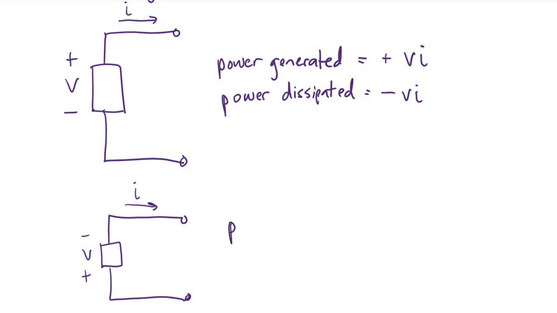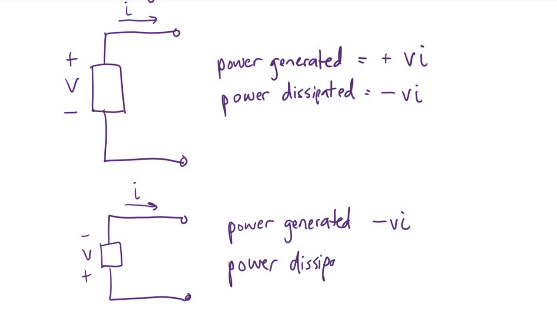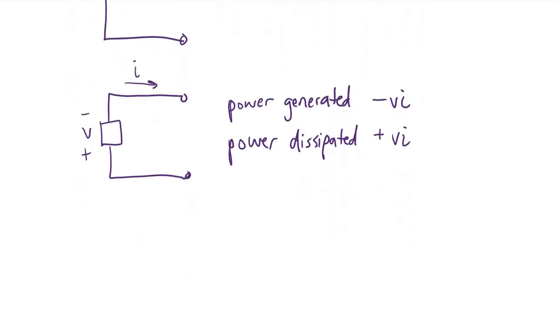And in this case, our power generated is minus VI, and our power dissipated is plus VI. So we'll be able to see this in some of our upcoming examples. This can get a little tricky, but hopefully we'll get the hang of it after a few example problems.